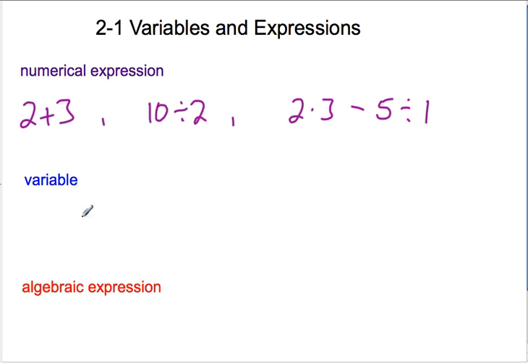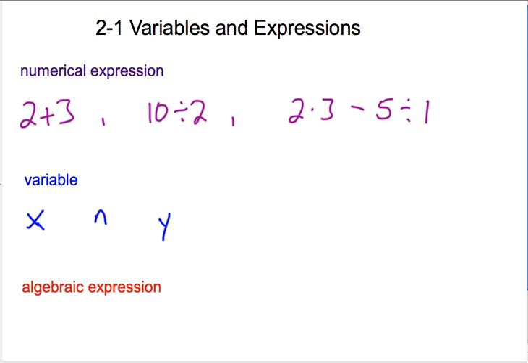A variable is a letter that takes the place of a number that we're going to put in later. Okay, so it's just a letter X or N or Y or any letter. An algebraic expression is similar to a numerical expression, except it can also contain a variable.